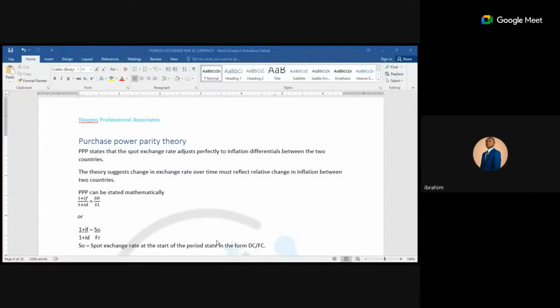So when you are given an international investment question, and they give you that the project is for 4 years, and the inflation between the two countries, they may not even use the word inflation. They can tell you that the purchasing power parity between the two countries is 20%, 15%.